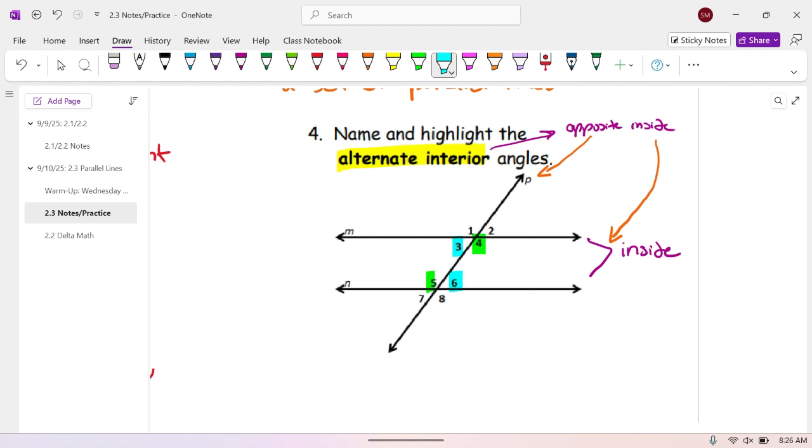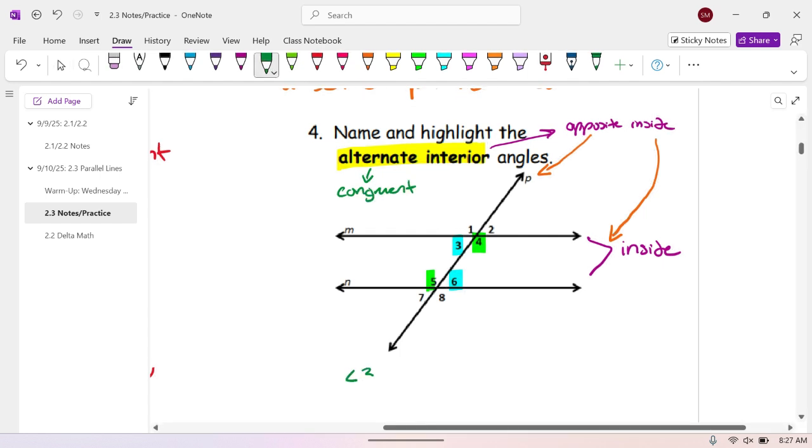They're right next to each other on the line, and we know, because it's a straight line, that these two angles are supplementary. That means alternate interior angles have to be congruent. Whenever we talk about alternate interior angles, we're saying that they are congruent.